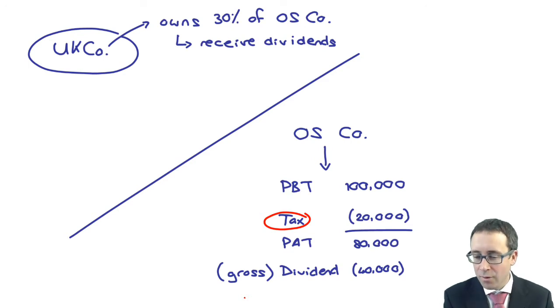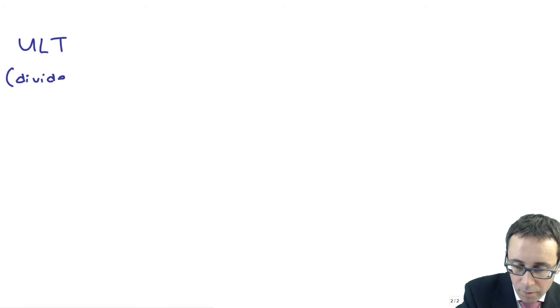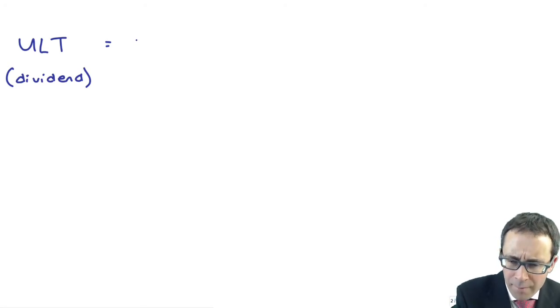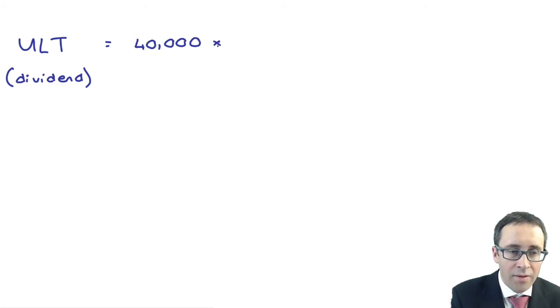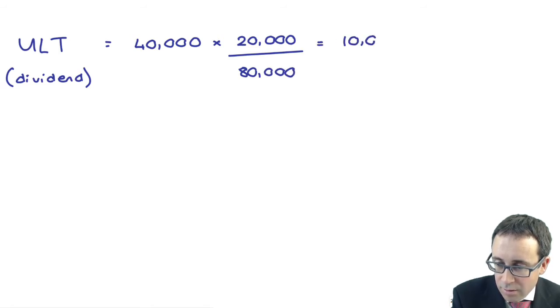Okay, so effectively, to work out the underlying tax on the dividend that's being paid: the dividend that you have paid is 40,000. The tax that was paid was 20 in total out of 80, which gives you 10,000, isn't it?